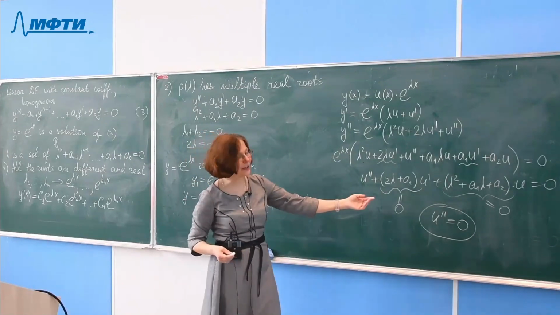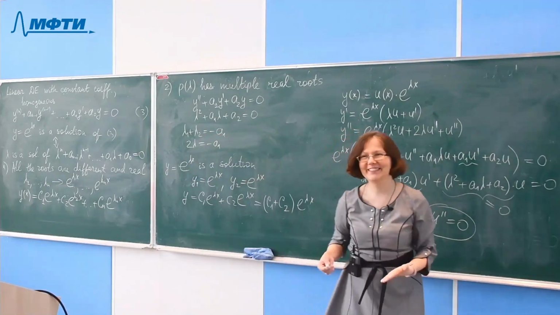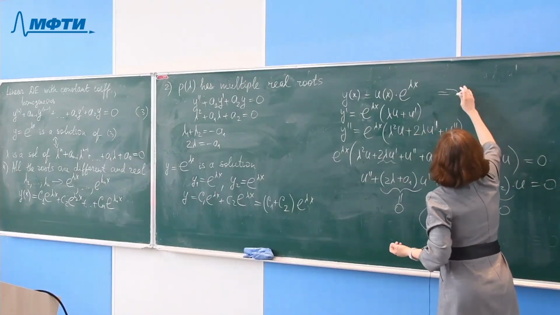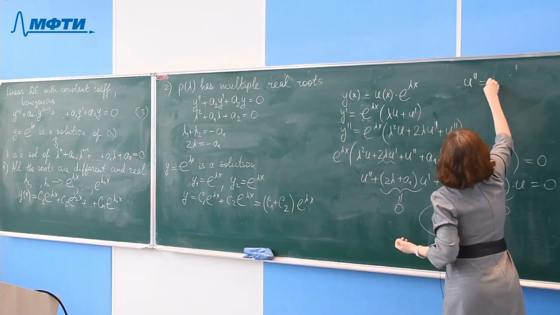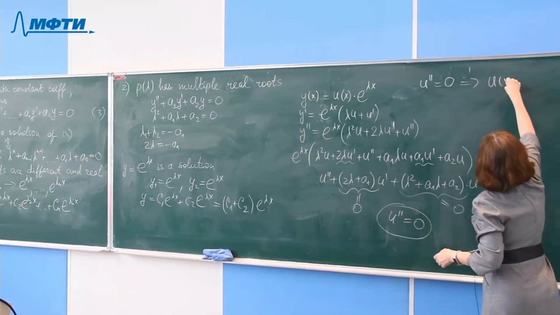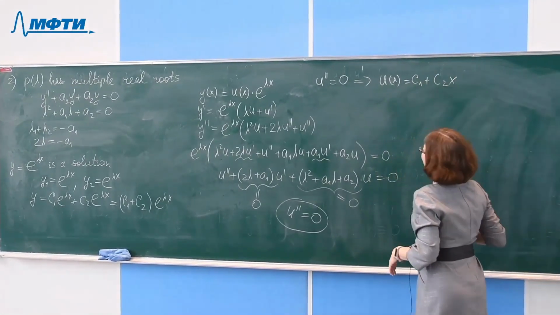But this means that u is a linear function. Since u double prime equals 0, u of x can be represented as c1 plus c2 x.